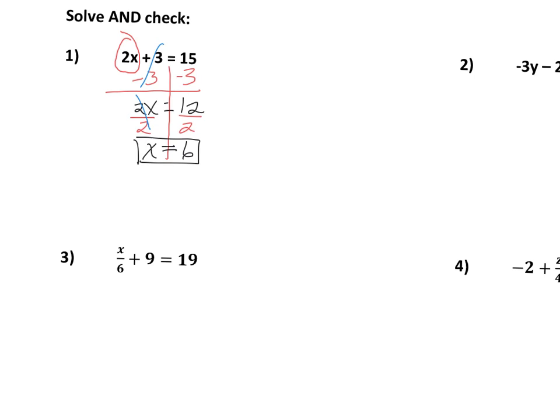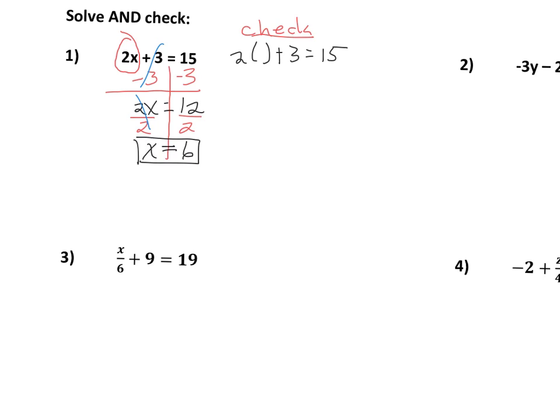And then we're going to check that. So we're going to start with the original equation right here. Always start with the original equation, and wherever x is, we're going to plug in the value that we came up with. So using substitution parentheses for your variable, I'm just rewriting the original equation, but without the x.